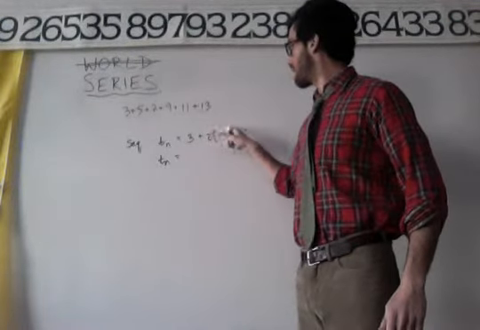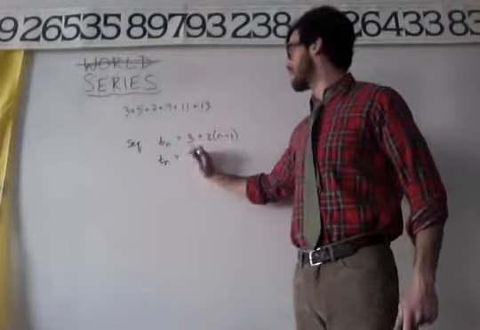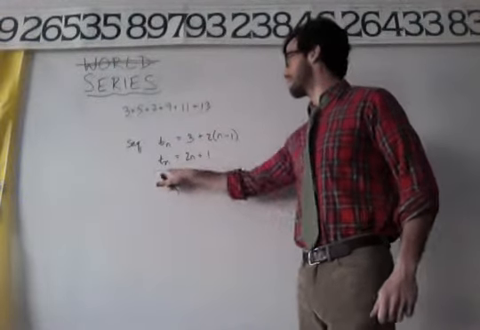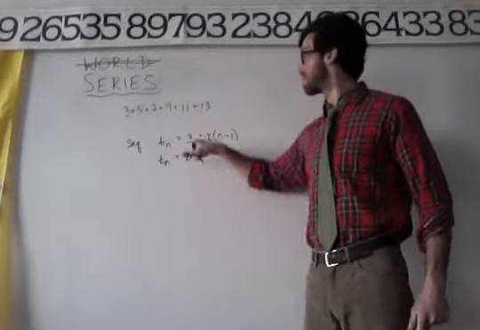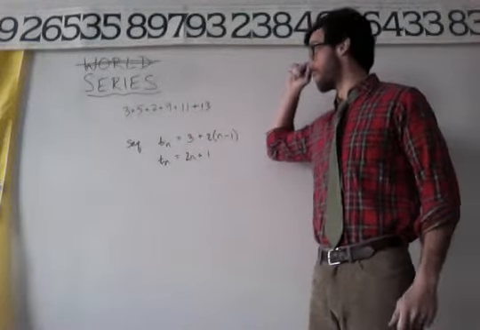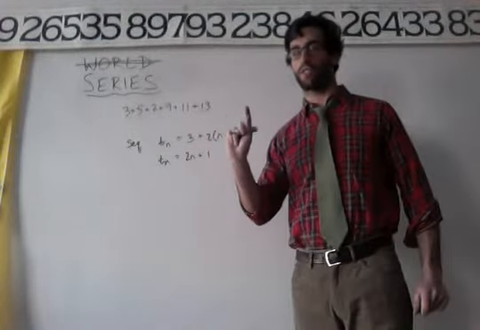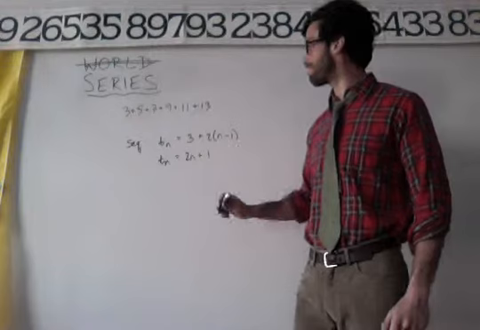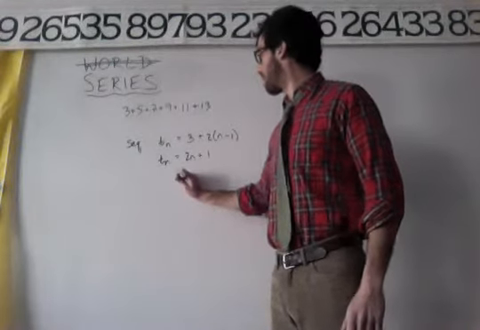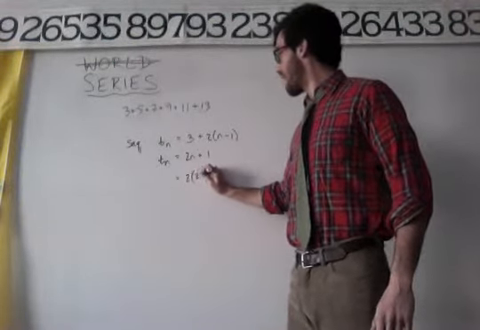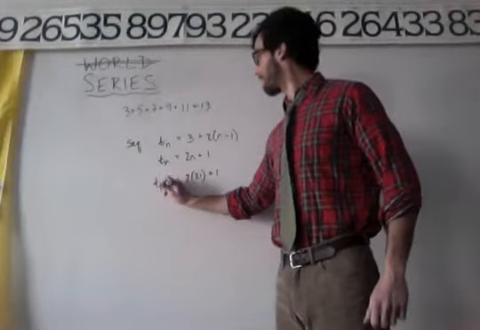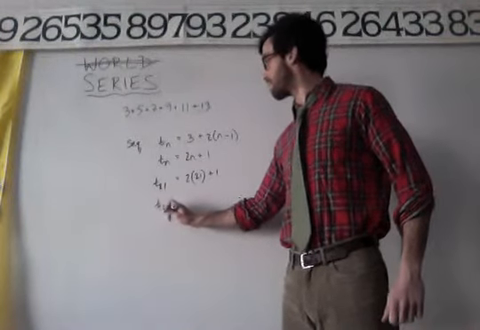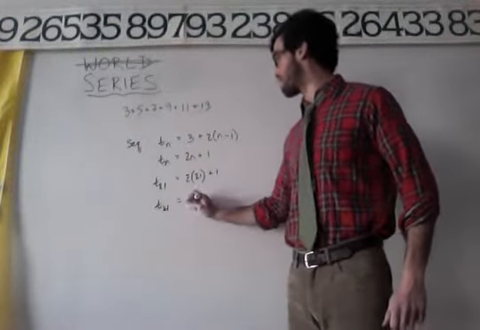That would be 2n minus 2 plus 3, 2n plus 1 is the formula for the corresponding sequence. So the 21st term, we would just plug in 21 for n, and we get that T sub 21 is 43.